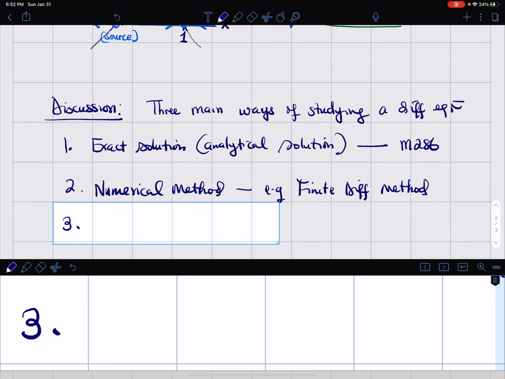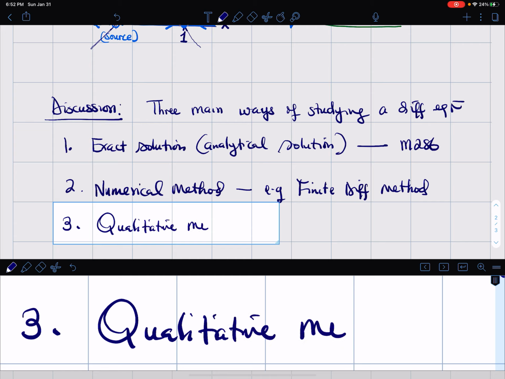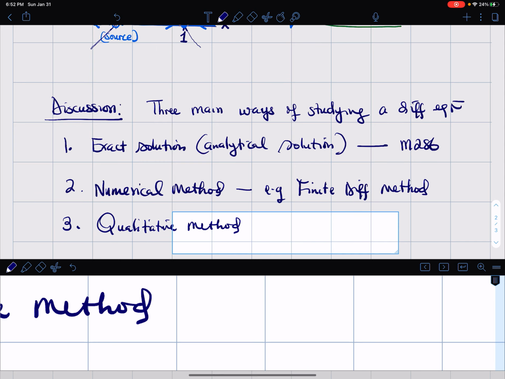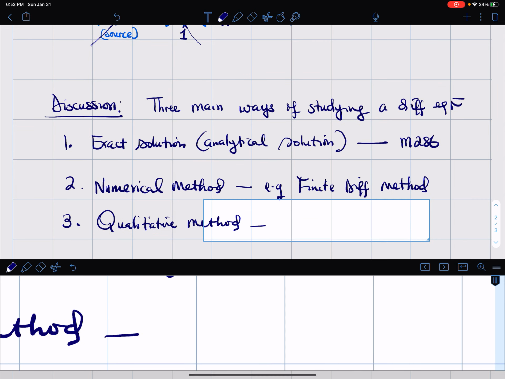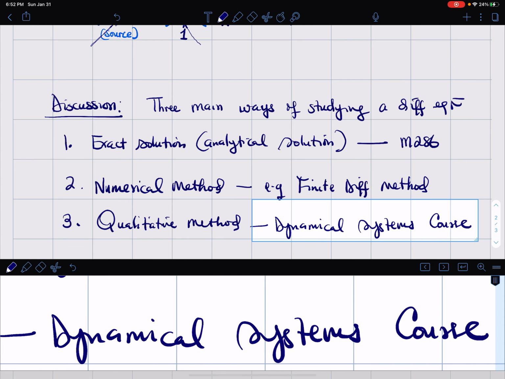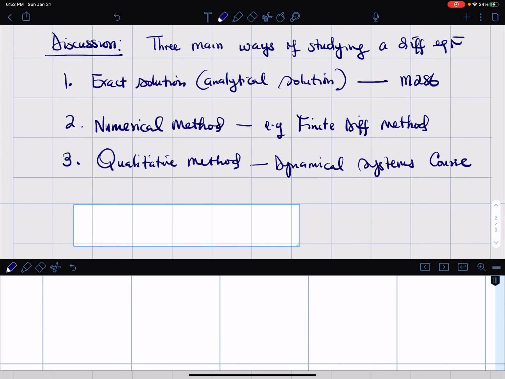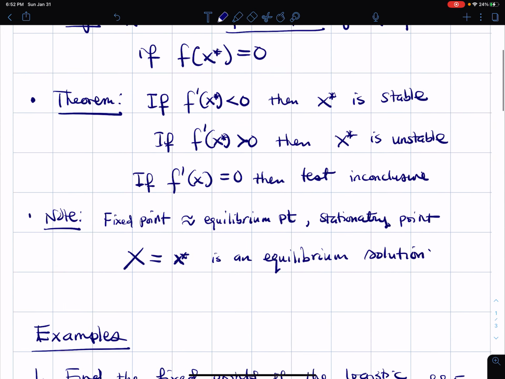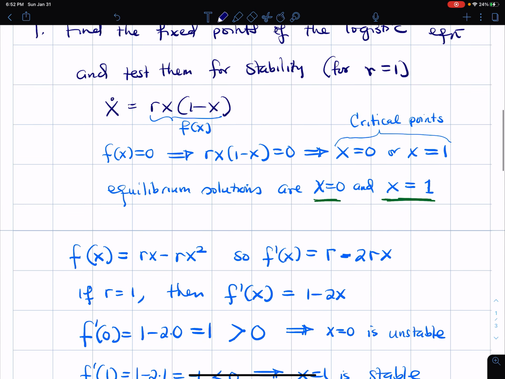And then we have the qualitative method. This is what we're going to be doing in this course, a dynamical systems course. We're not going to necessarily be solving each differential equation, but we can learn more about the differential equations without solving them, just like we did here, okay?